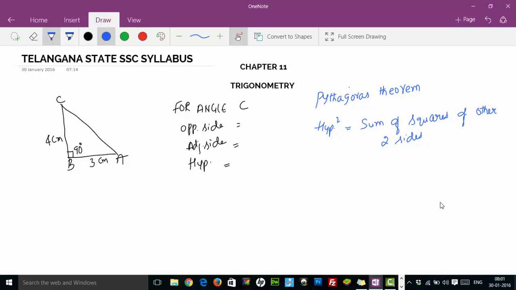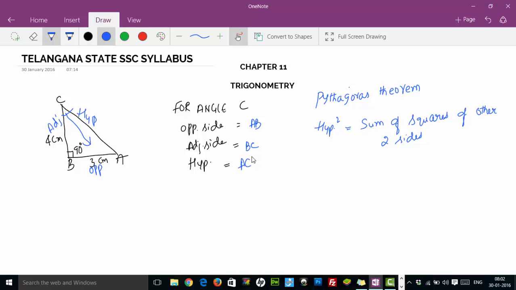Now, let us consider the angle C. For angle C, let us find out what is the opposite side. The opposite side is AB, and this slant line is always the hypotenuse, and the side adjacent to angle C is known as adjacent side. So the opposite side is AB, adjacent side is BC, hypotenuse is AC.